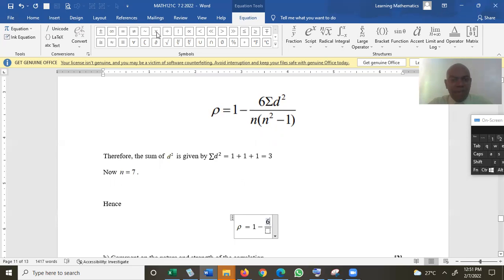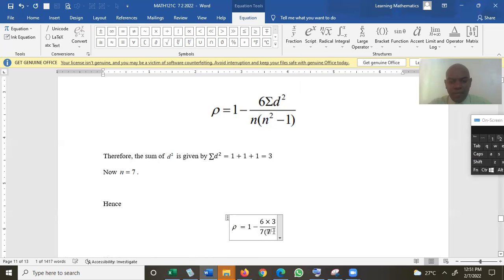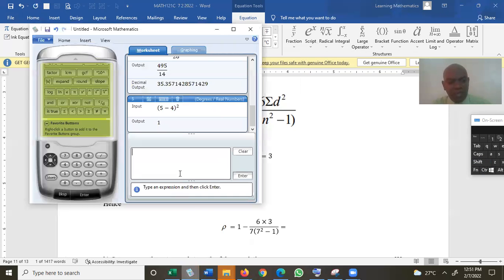Times 3, divided by 7, open bracket, 7 squared, minus 1, close bracket, and this will give us an indication of the relationship between hours and score according to Spearman.